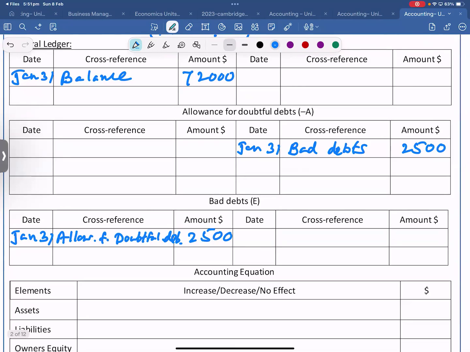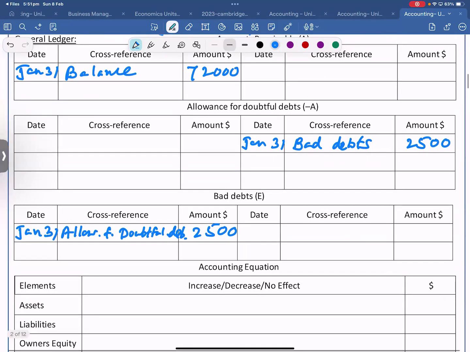Then what do we do on the last day of the period? Balance it and carry forward. Which one, bad debts or the allowance for doubtful debt? Allowance for doubtful debt. What do we do with the bad debts? Close it to the profit and loss summary.